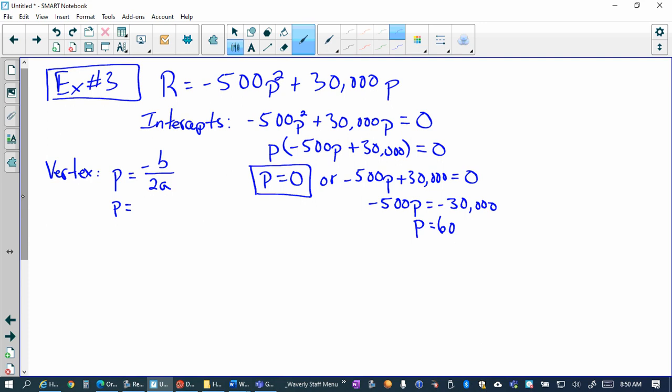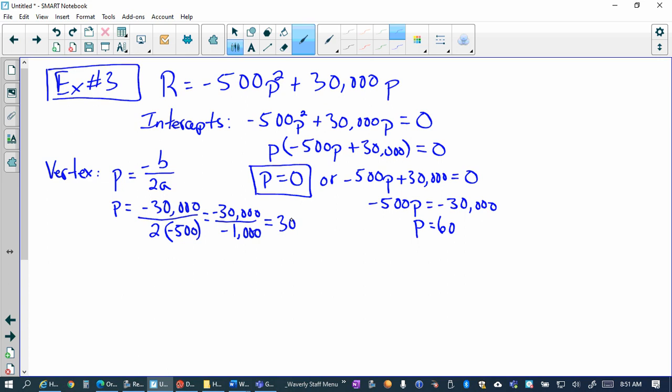So negative 30,000 over 2 times, what's the a? Negative 500, right? So that's negative 30,000 divided by negative 1,000. And that should be easy. What is it? 30, isn't it? So 30.